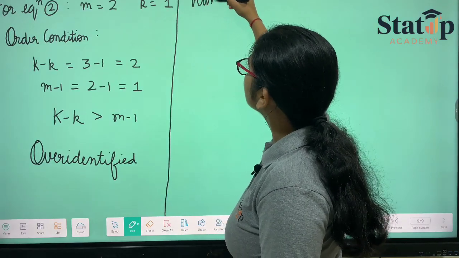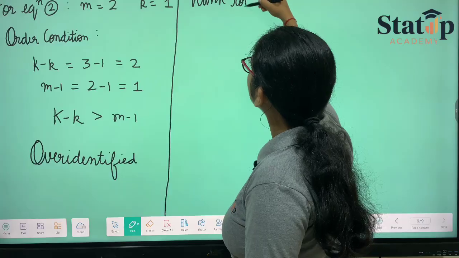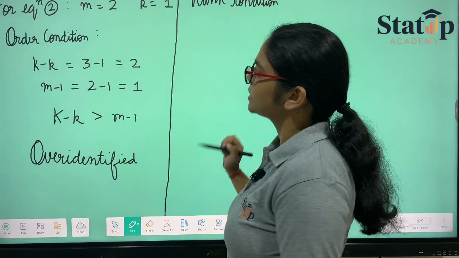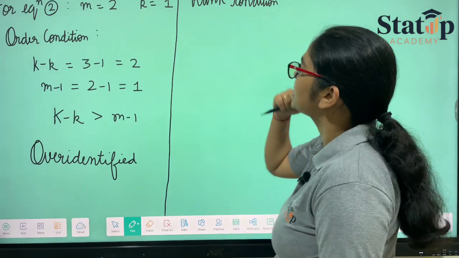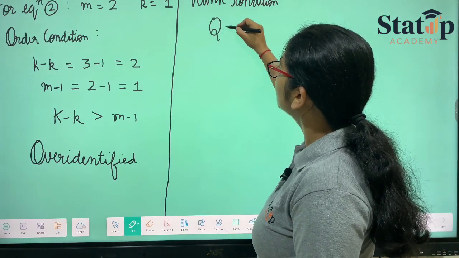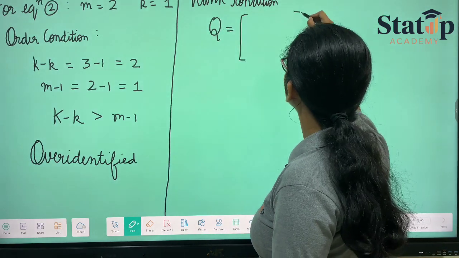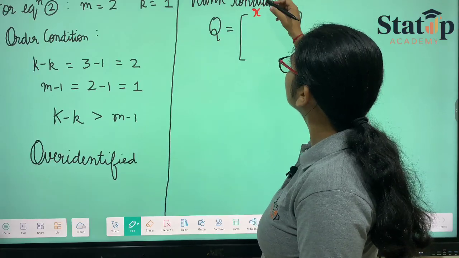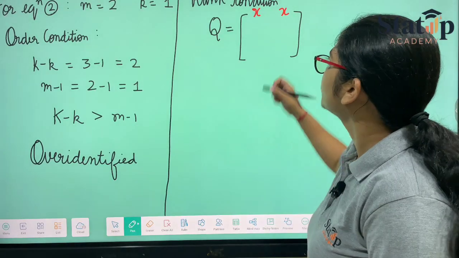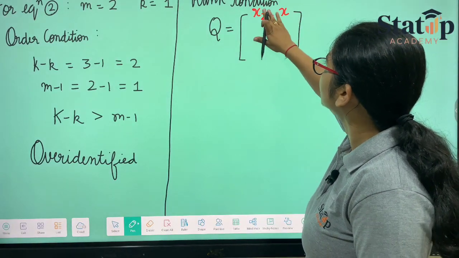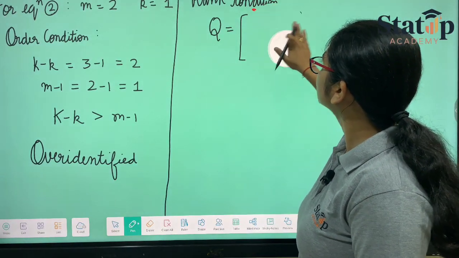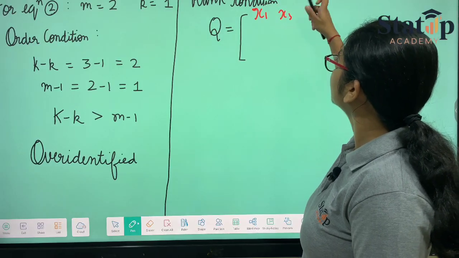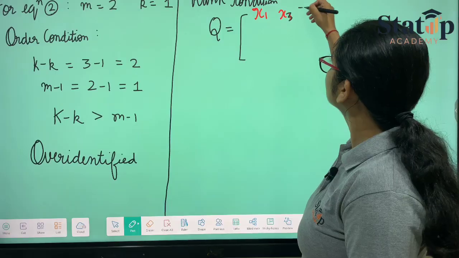Now the second one is rank condition. What does rank condition say? Rank condition says that we have to calculate Q, which is the coefficients of the x's which are not present. x1 and x3 are not present here.